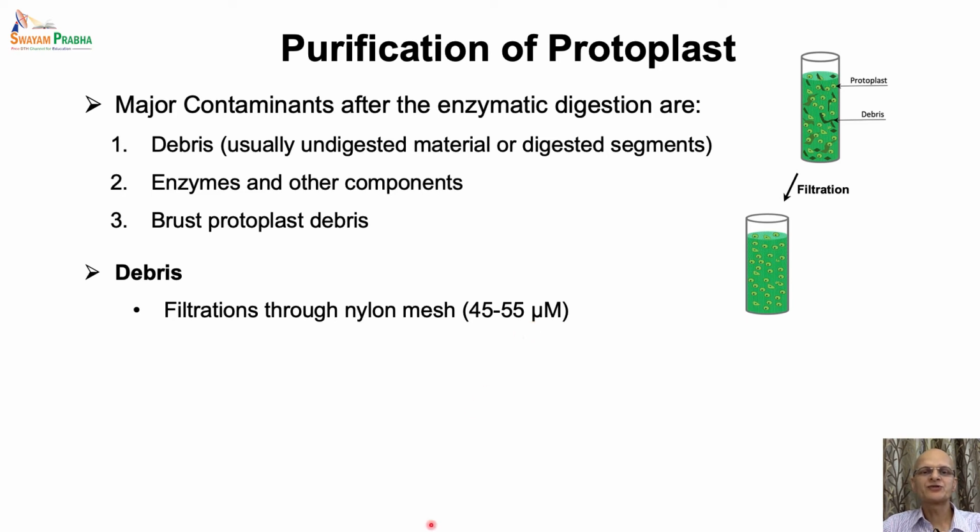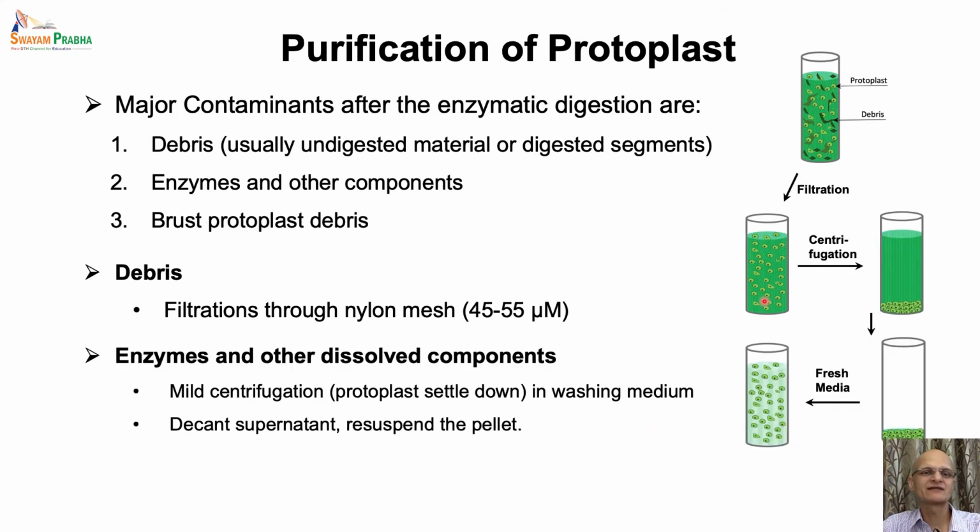In order to remove the smaller debris or dissolved contaminants like the enzymes and other components released from bursting of the protoplast, mild centrifugation is performed, usually around 500 rpm or even less, where the protoplast will settle down in the pellet.